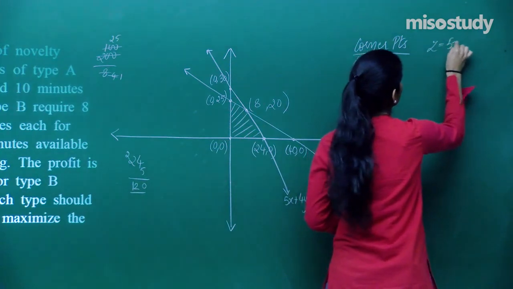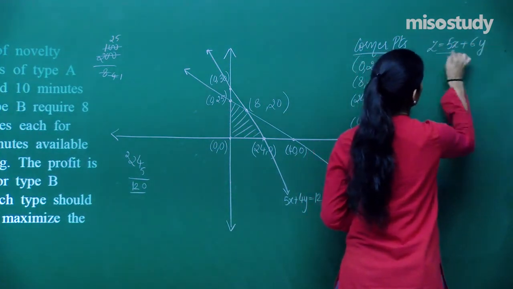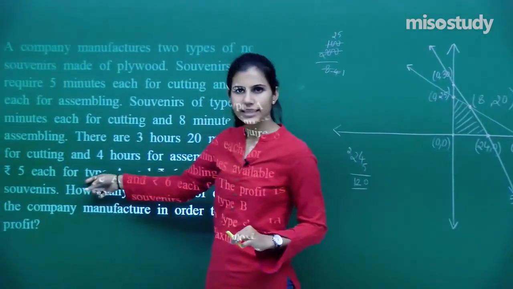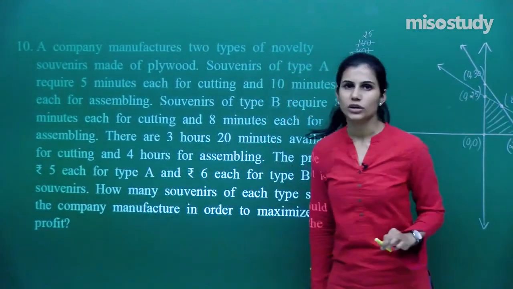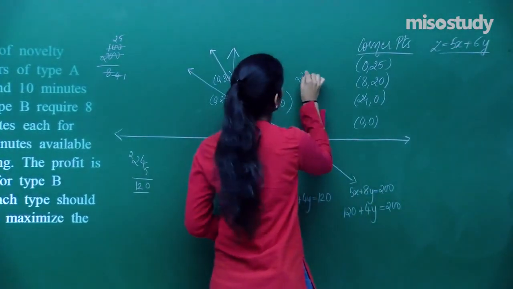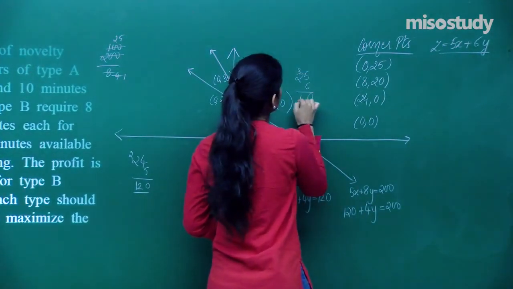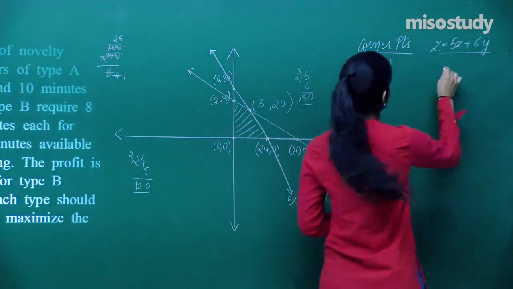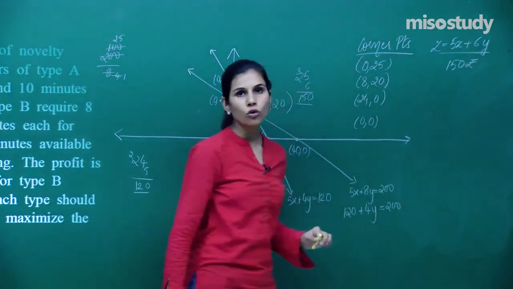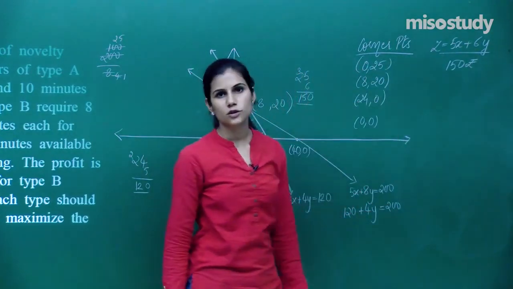And z was coming out to be 5x plus 6y as my profit function: 5 rupees for each souvenir of type A and 6 for each souvenir of type B. So 6 into 25 would be 150. 150 rupees profit if you manufacture no souvenir of type A and 25 souvenirs of type B.